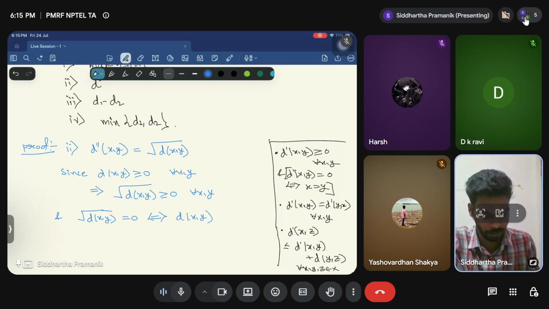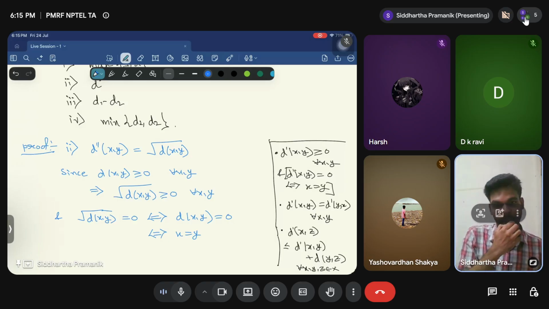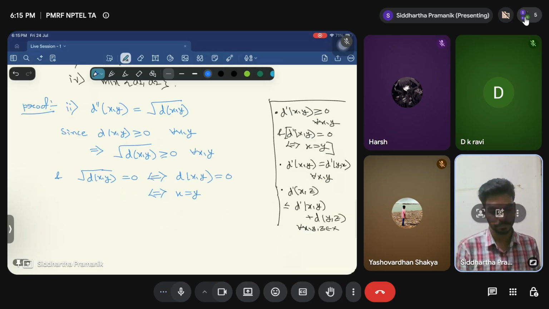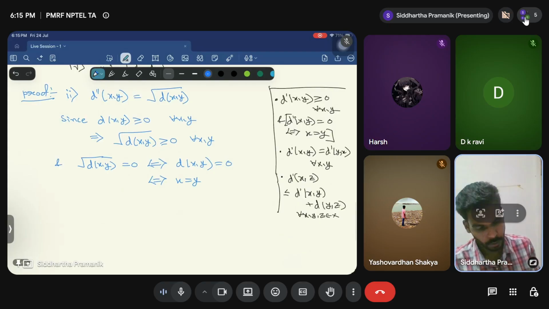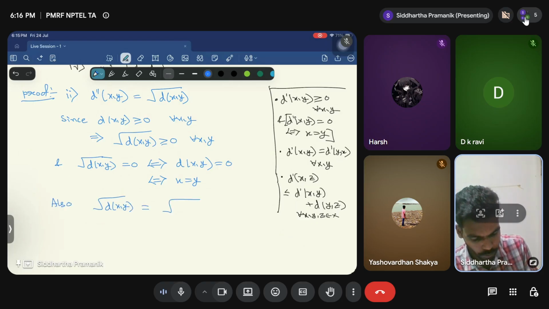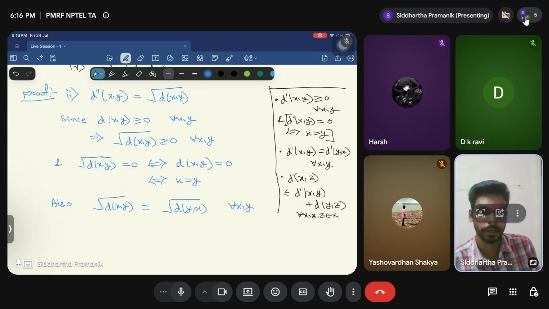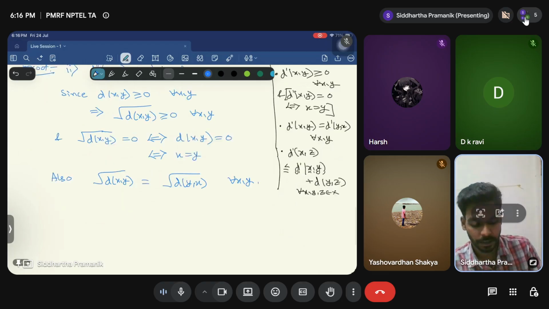But d is a metric, so this is true if and only if x equals y. So the first axiom you can check easily. Now the symmetry is also trivial. The square root of d(x,y) is the same as the square root of d(y,x), because d is a metric. Now we need to check the triangle inequality.